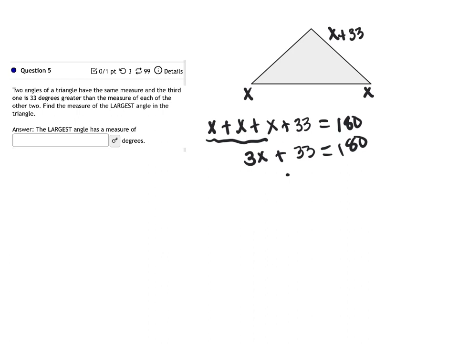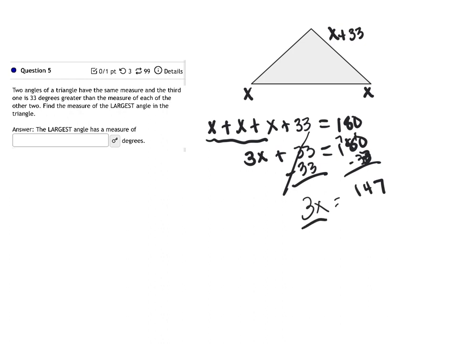We're going to subtract 33 from both sides. So this goes away. 3x equals, we'll subtract. 8 becomes a 7. This is 10. 10 minus 3 is 7. 7 minus 3 is 4. 1 minus 0 is 1.